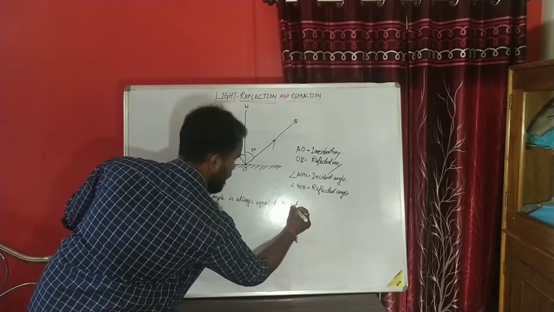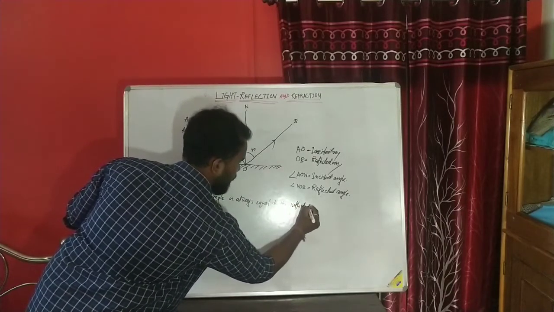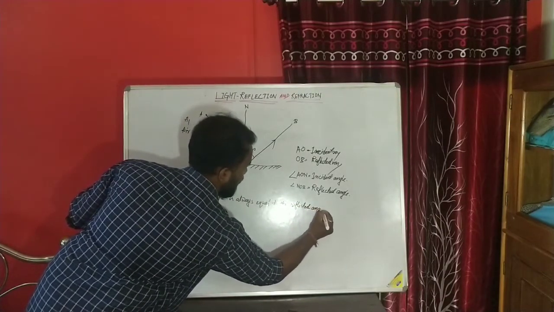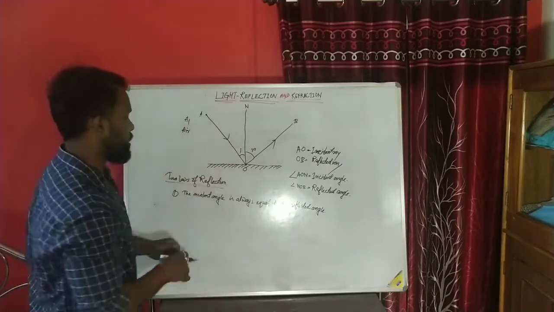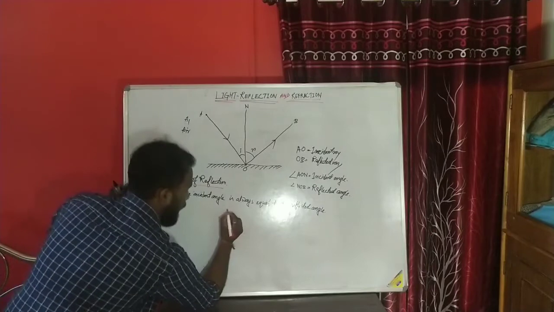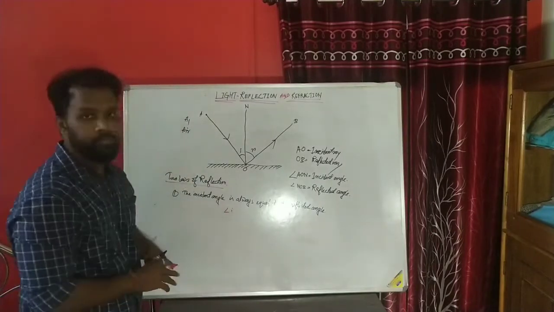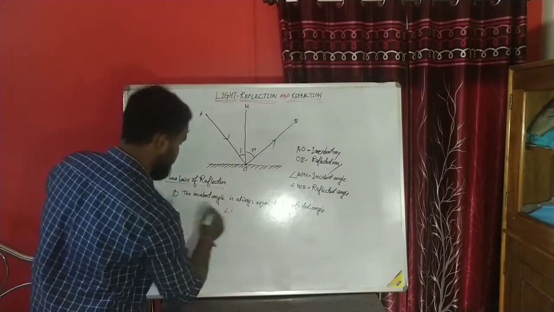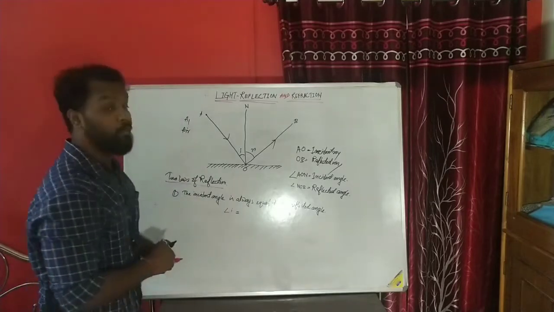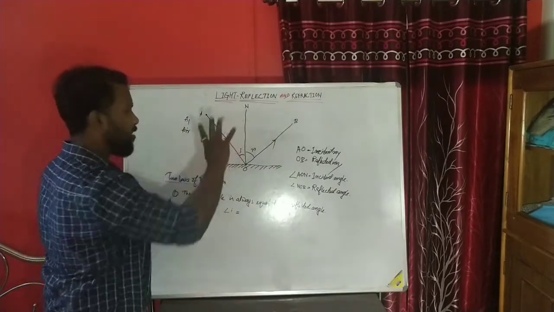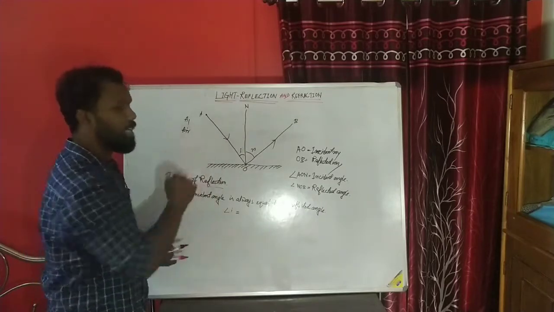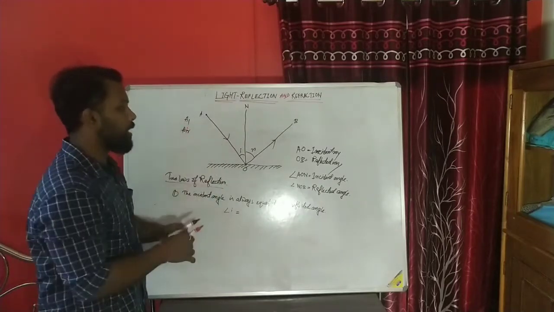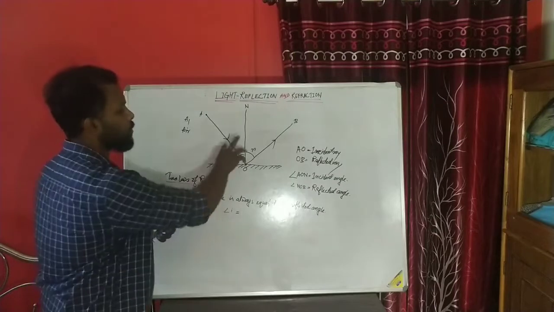The incident angle is represented by angle I, and we give an equal sign, because in this diagram, as I have drawn it freely by hand, these two equal angles are not actually similar.